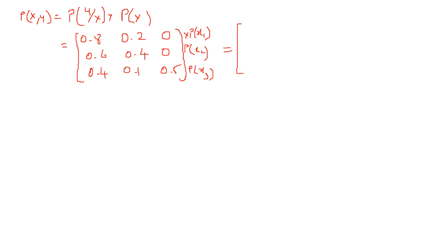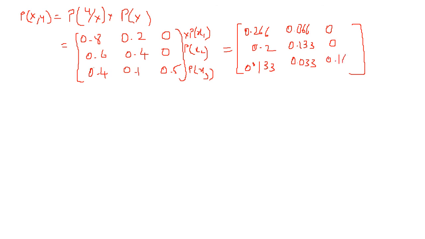After multiplication we get the joint probability matrix: 0.266, 0.066, 0, then 0.2, 0.133, 0, then 0.133, 0.033, 0.166.